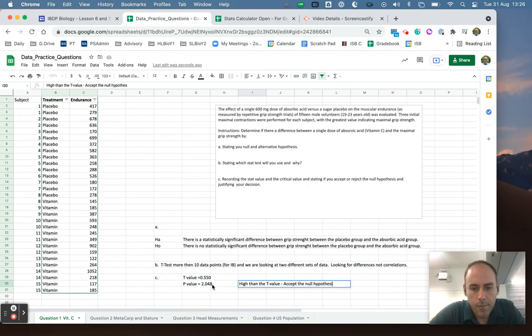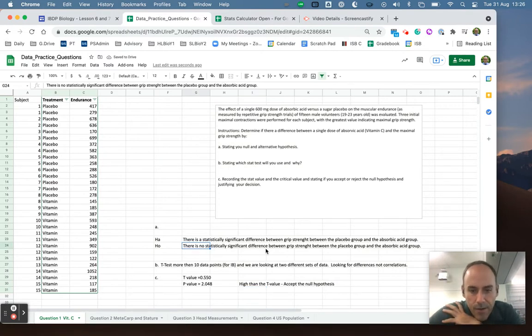Okay. And the null hypothesis, there is no statistically significant difference between the grip strength between the placebo group and the ascorbic acid group. Basically, what that means is there's no statistically significant difference between those. So taking a sugar pill versus taking ascorbic acid makes no difference. Right? It's not significant. Okay.